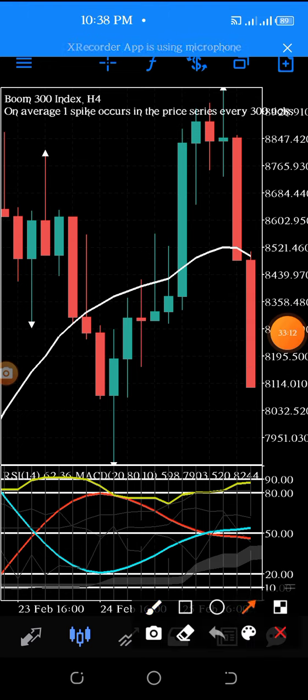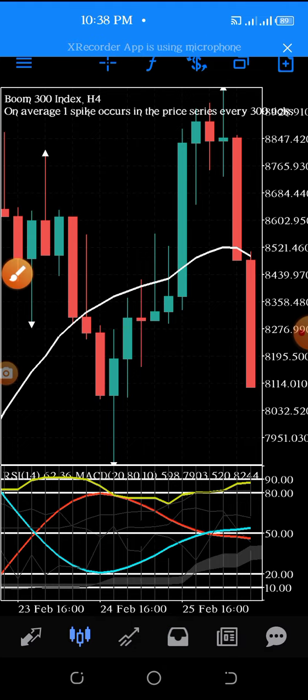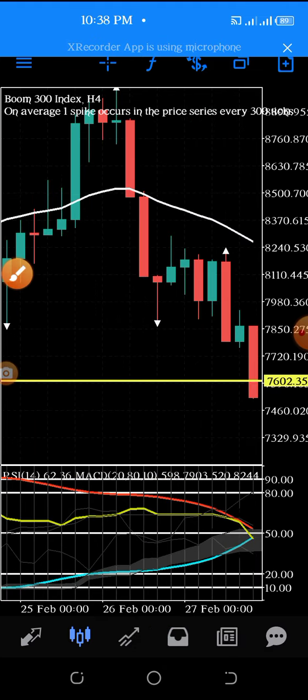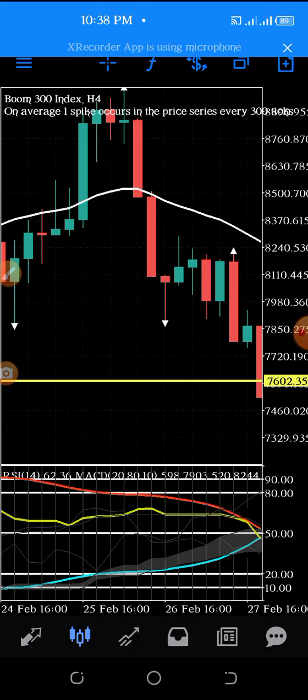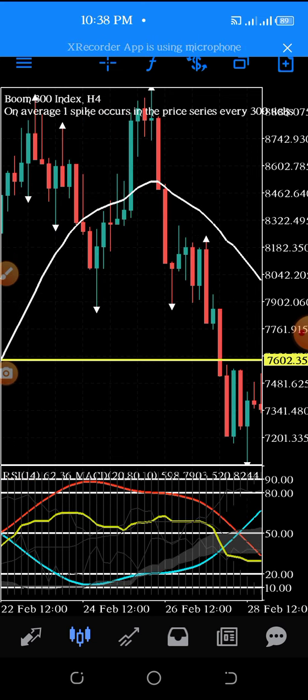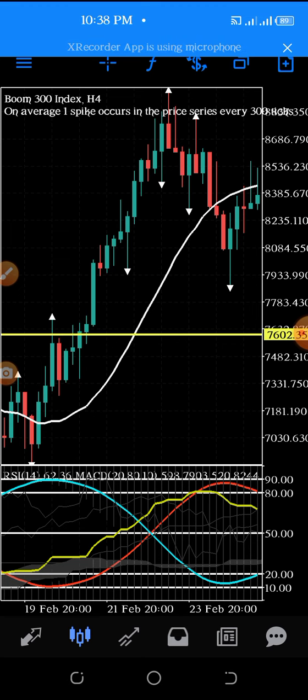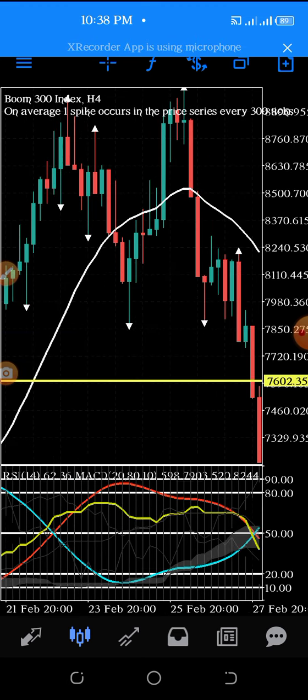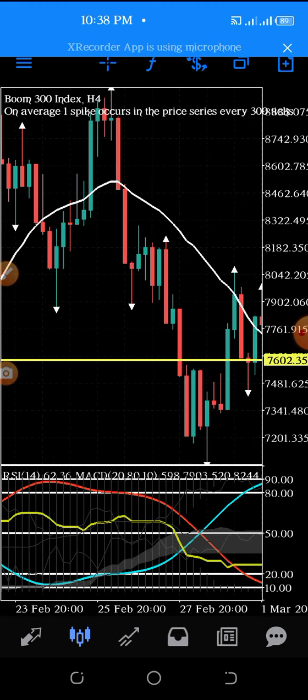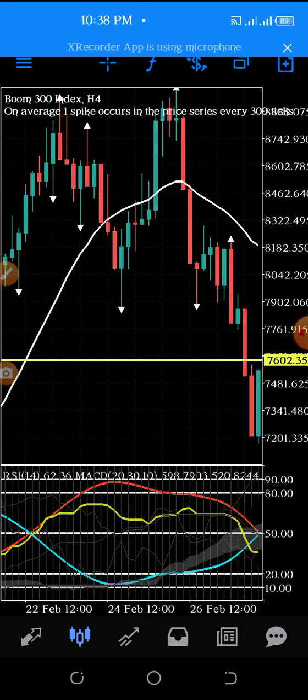This pin bar now. Watch it. So this pin bar now, if you watch very well, is at the support level. Okay, look at it. It's very close to the support level. See the support level, and this is H4.